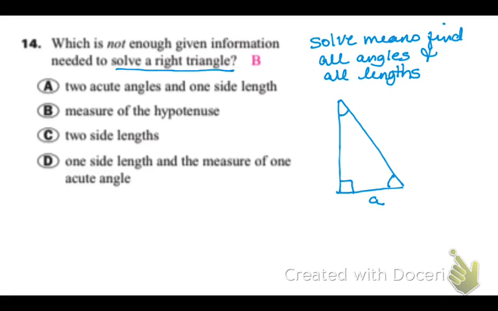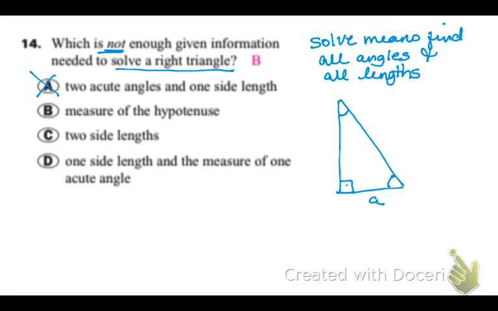Sure, we could. We know these two angles, we know this one is 90, so we've got all our angles, and once we knew the angles, we could use trigonometry to fill out the sides. So A is not the right answer because it's asking for what is not enough. You can solve a right triangle if you know two acute angles and one side length.